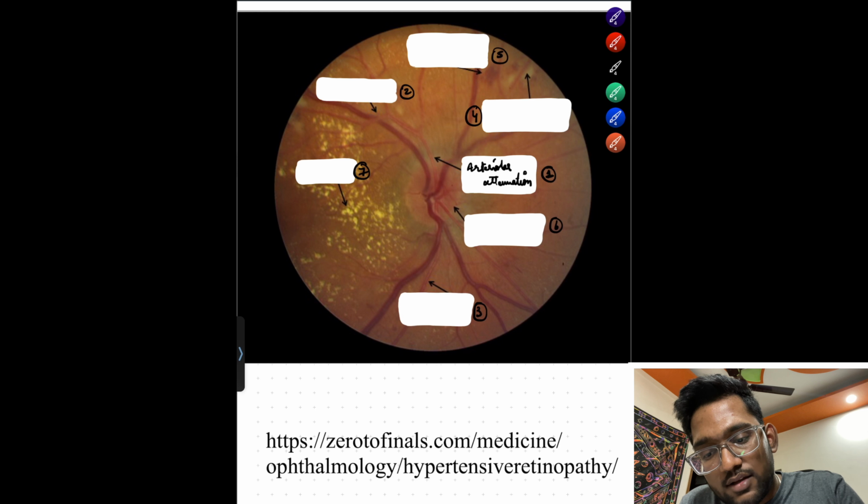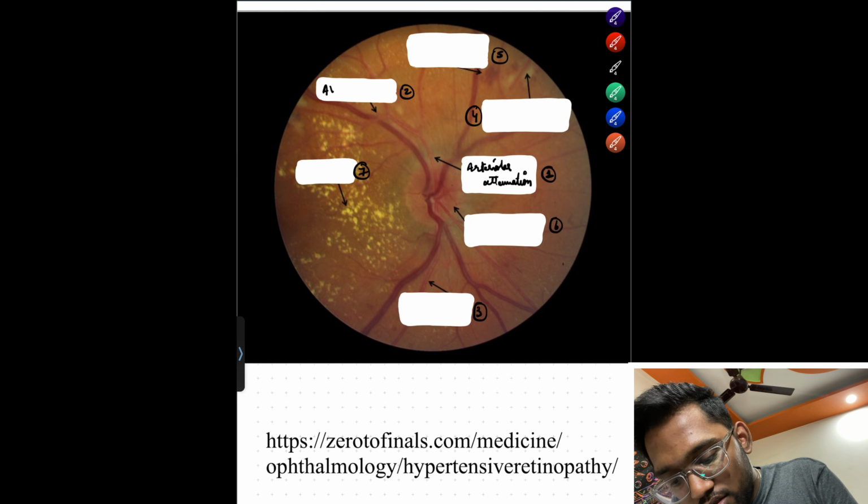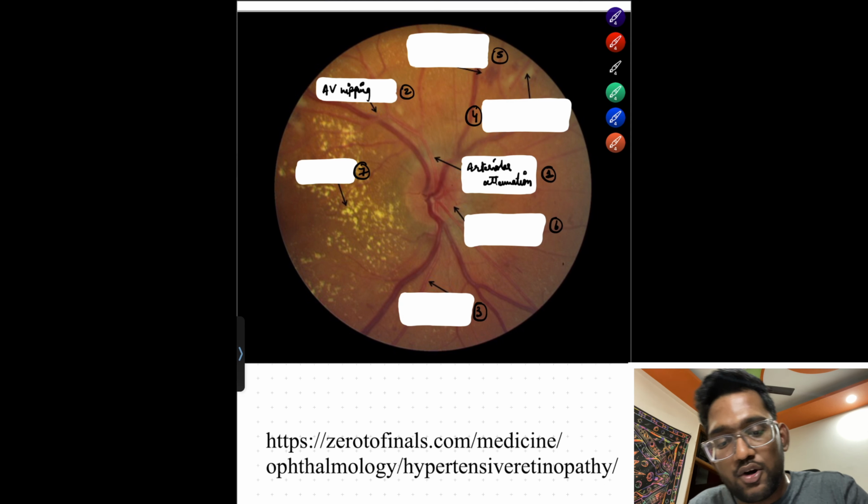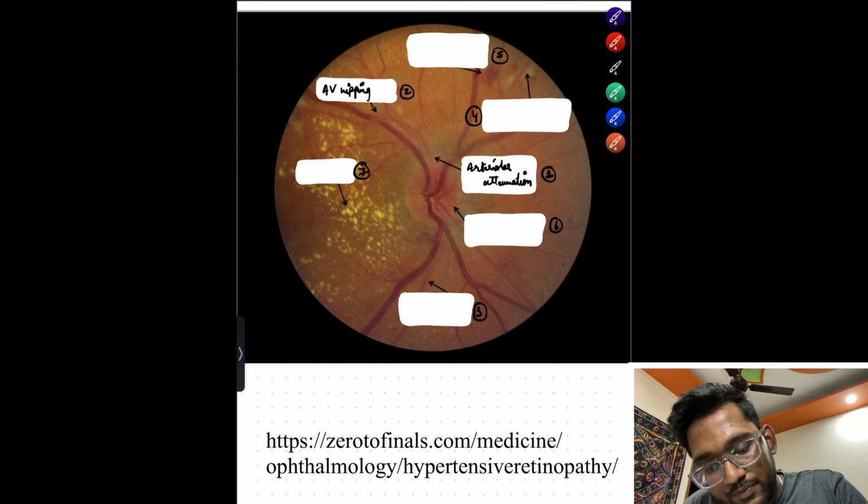We can see the artery over here crossing over the vein over here. This is AV nipping, which occurs because of the sclerotic phase of the pathology which we discussed. And then if we look at the third feature over here, this, if you see, is the copper wiring, that is the reddish brown reflex of the artery towards the right.